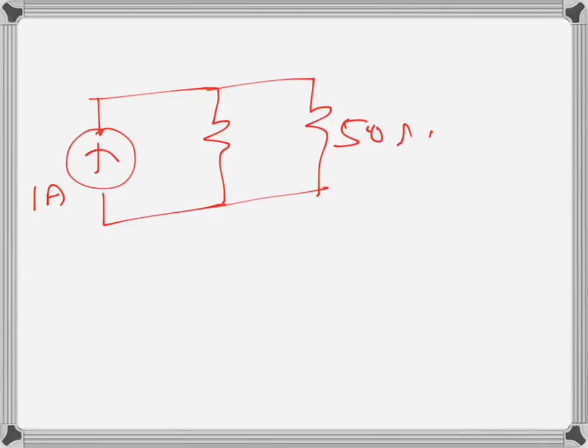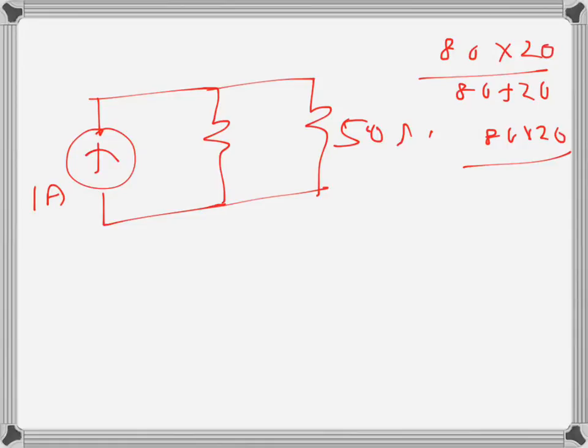The parallel of 80 and 20 will be 80 times 20 over 80 plus 20, so basically 80 times 20 over 100, which is just 16 ohms. So 16 ohms here, and 1 ampere is the current there.